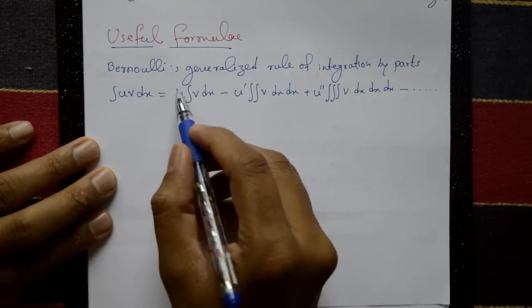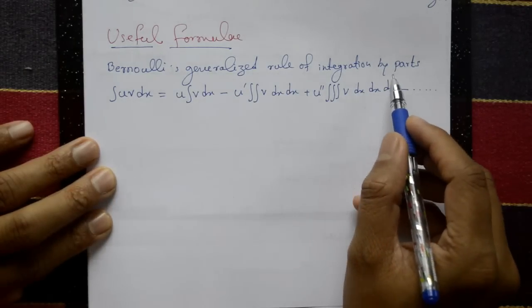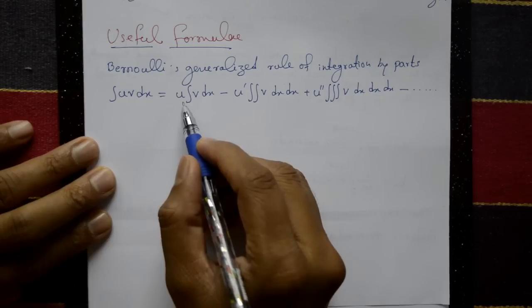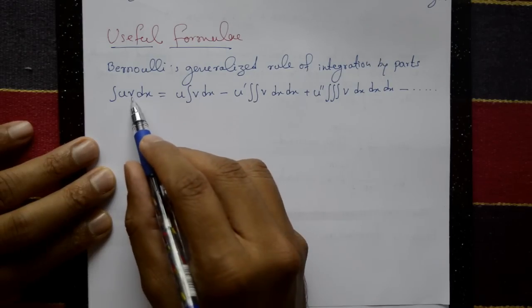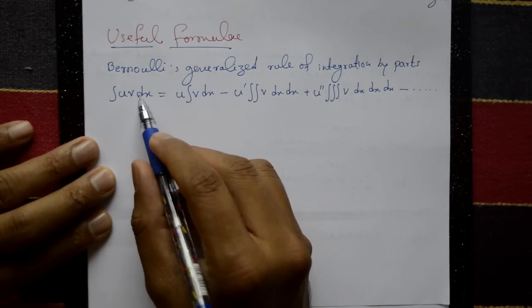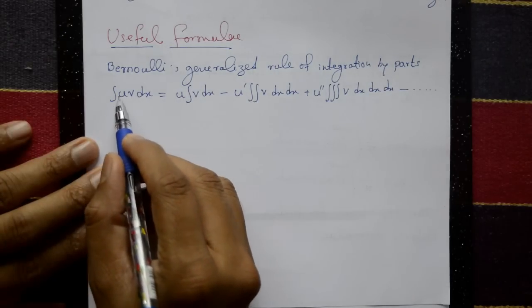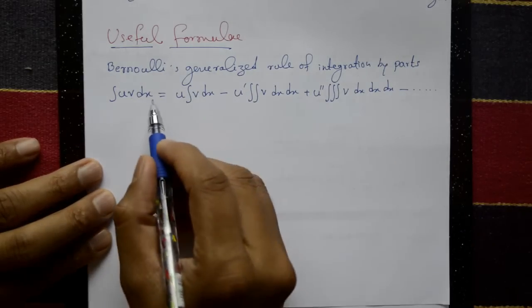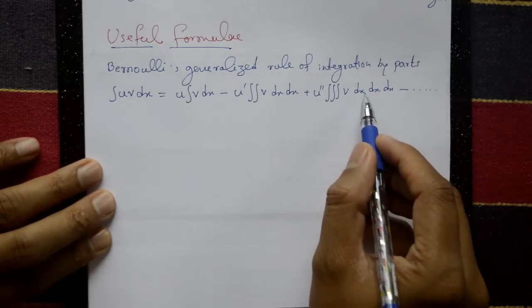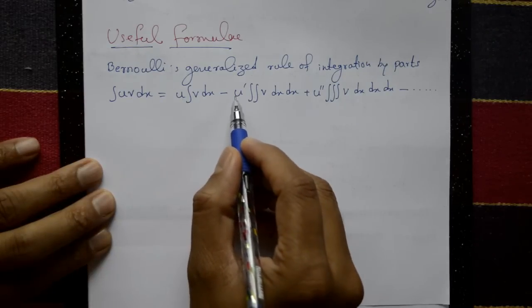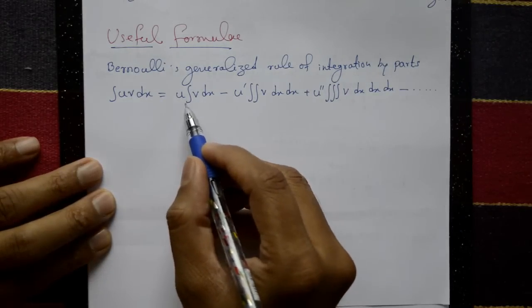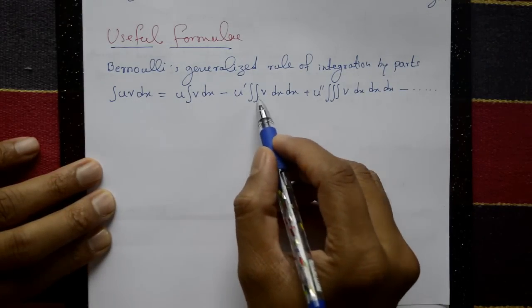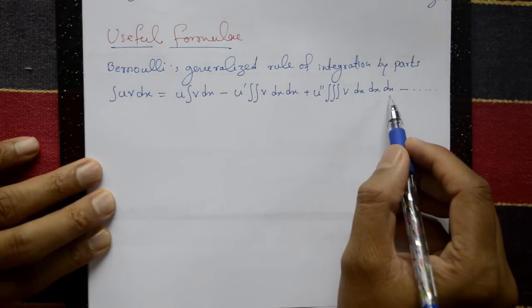This is Bernoulli's rule of integration by parts. The first one is a polynomial in x, and the second one is a trigonometric function or exponential function, so use this formula. Now see this formula: plus, minus, u dash, u double dash, with one time integration, two times integration, three times integration with respect to x, and so on.